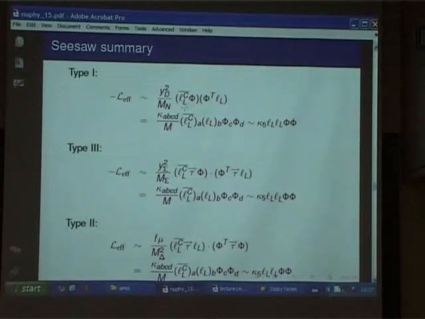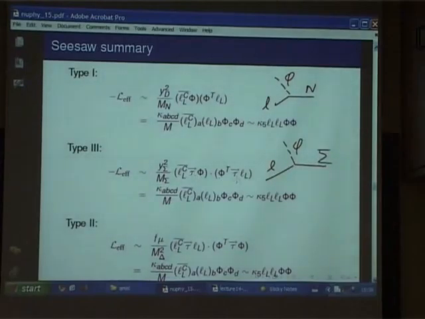So type 1 seesaw, L and phi combined to make a singlet, because we had this vertex which was phi, L and N. So therefore L and phi make a singlet. Here L and phi make a triplet. So therefore we had a grouping like this, a phi, there was an L, and there was a singlet.